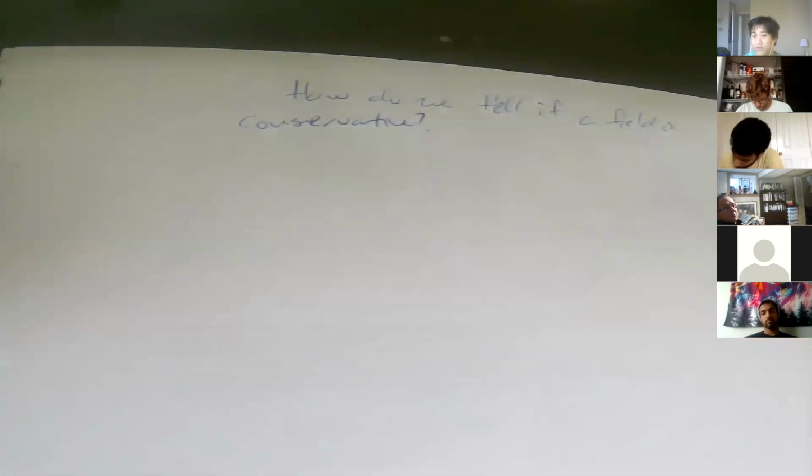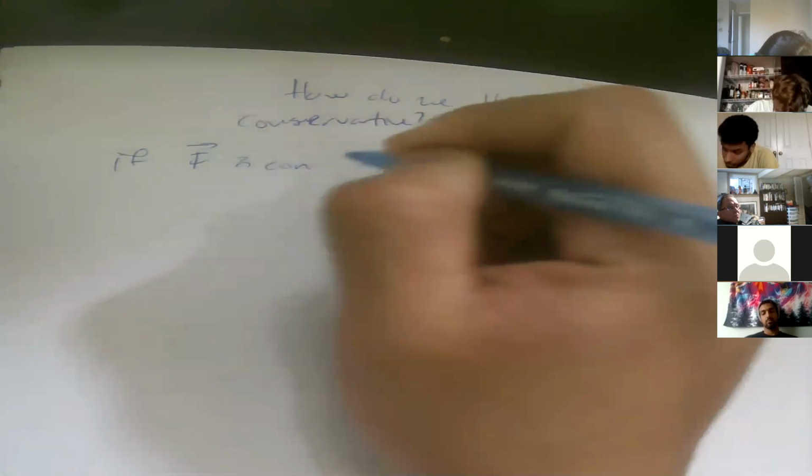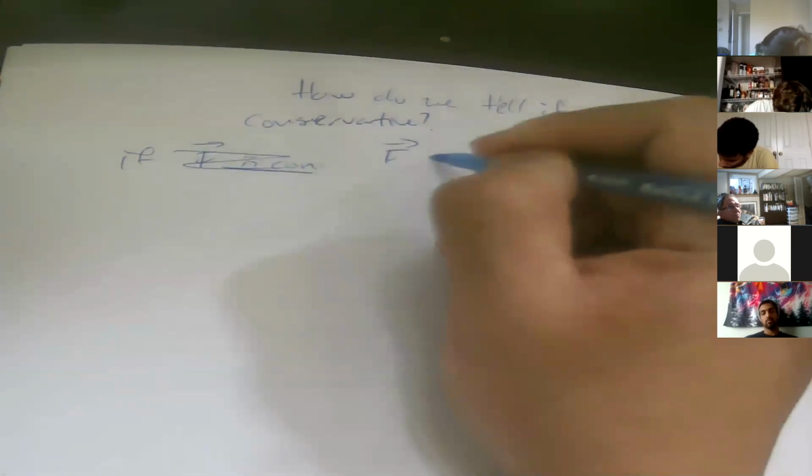So how do we check? How do we tell if a field is conservative? So let's think about this. If F is conservative, I'm going to write F like this.